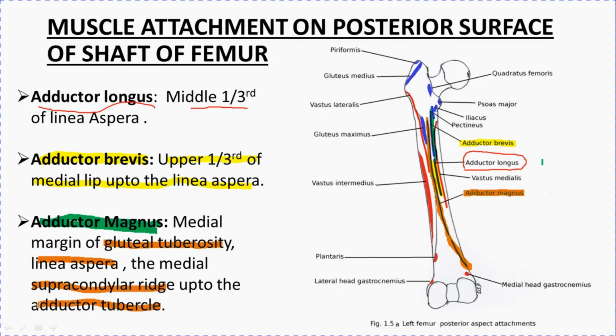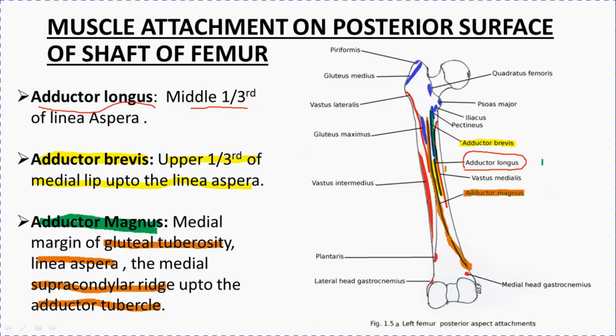Now I hope the origins, the attachments of the muscles are clear. But before we move forward, we'll again revise some points. Three adductors: adductor longus, adductor brevis, adductor magnus. The adductor longus is arising from the middle one third of the linea aspera.